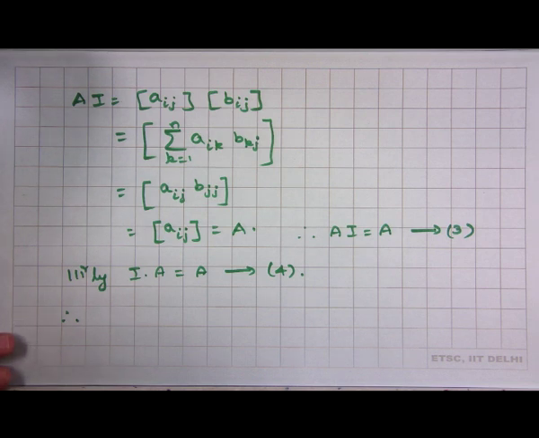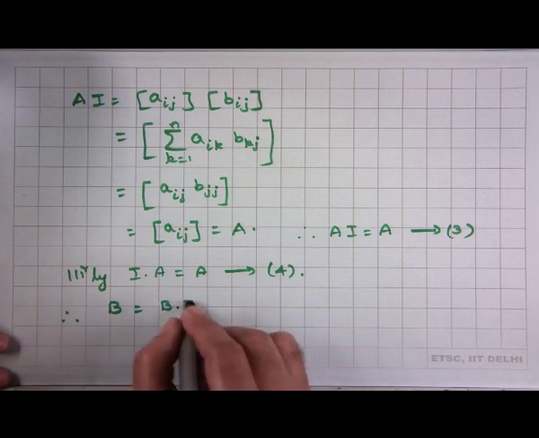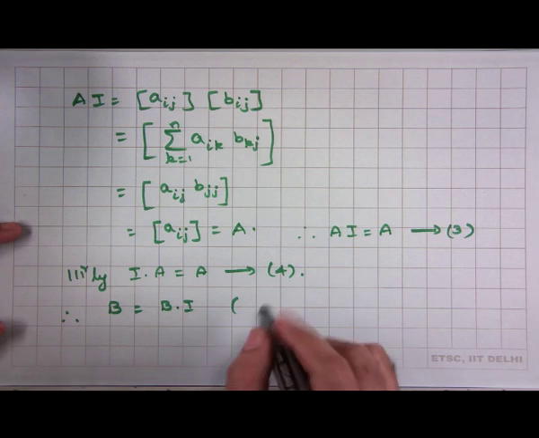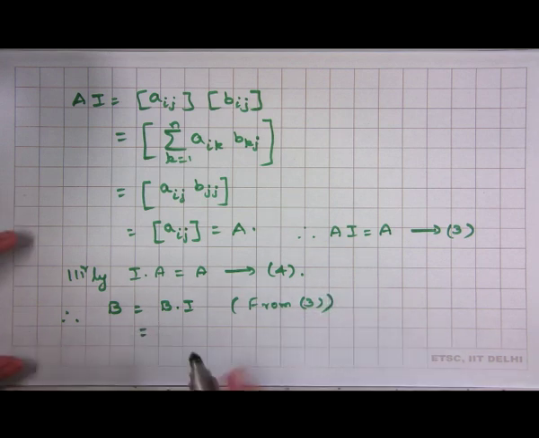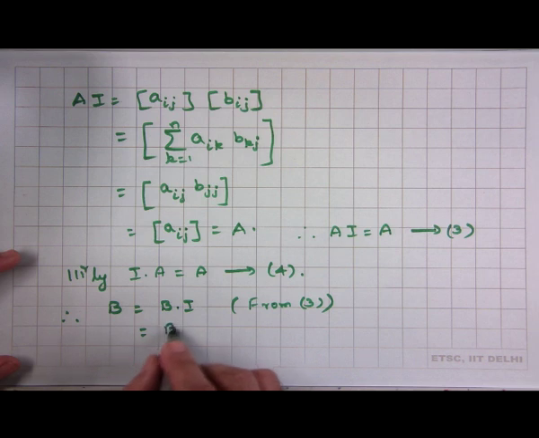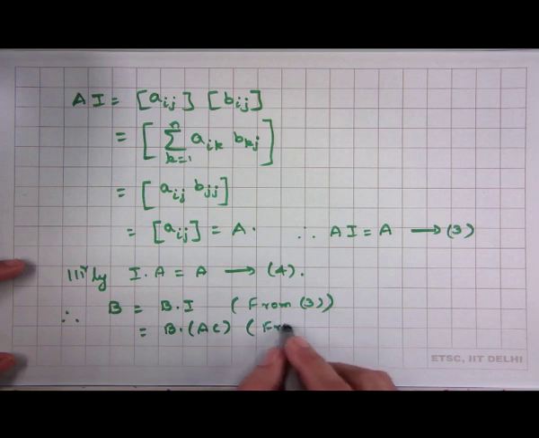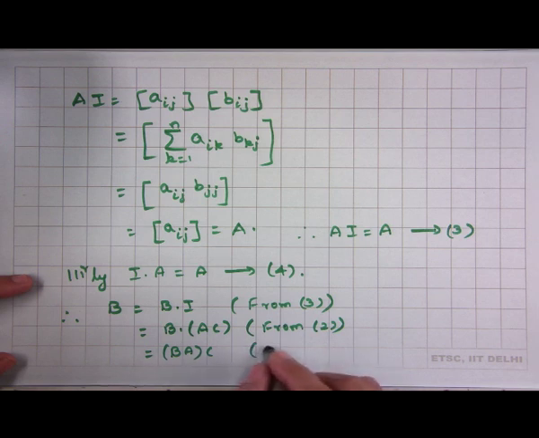Therefore, let me start with B. B equal to B times I, this is from 3, but I is AC, so B times AC, this follows from 2, which is the same as BA times C by associativity of matrix multiplication.